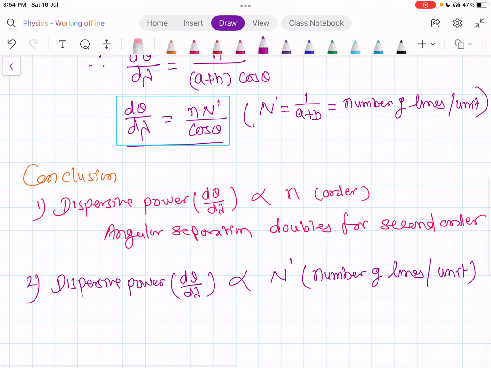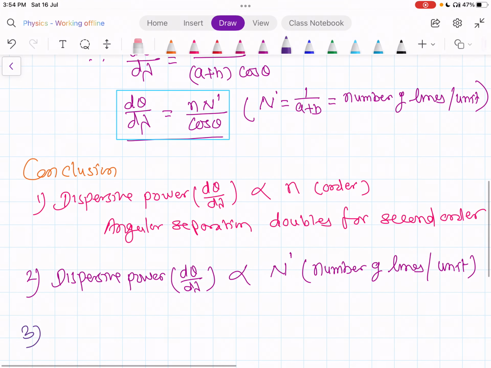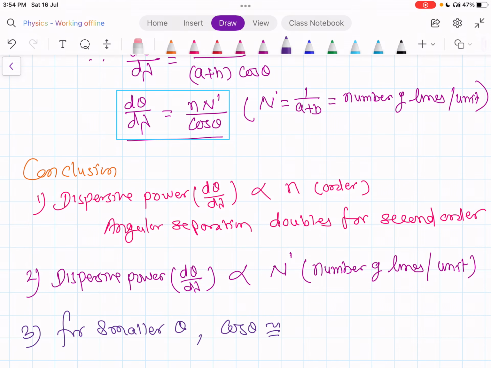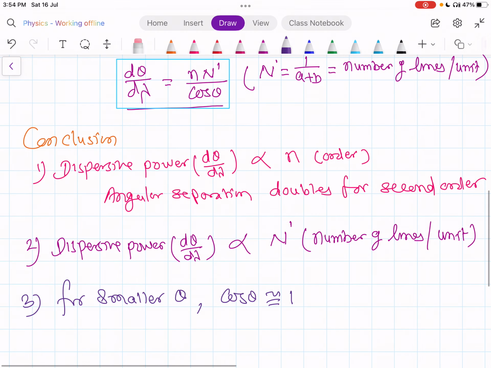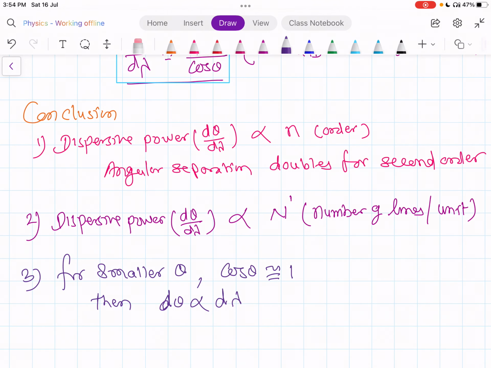And the third conclusion is, for smaller theta, this cos theta would be approximately equal to 1. Then we can write that d theta is directly proportional to d lambda. That is, d theta is angular separation, which is directly proportional to d lambda, the difference in wavelength.